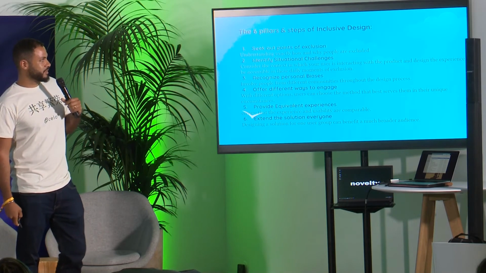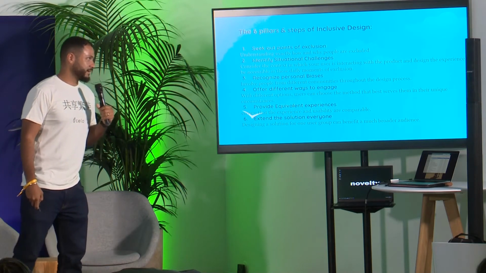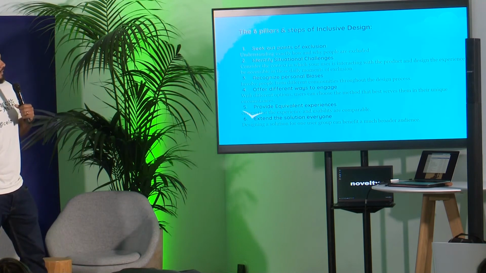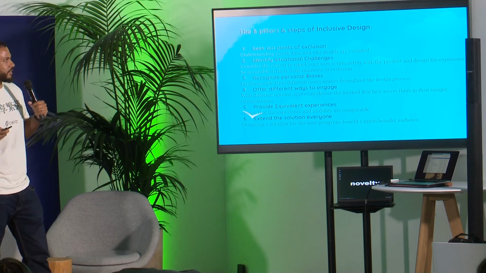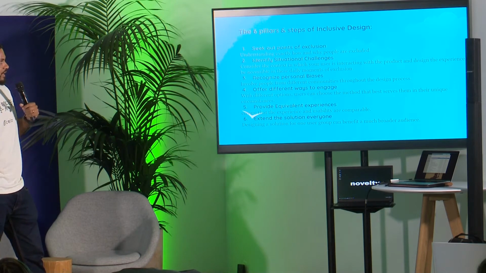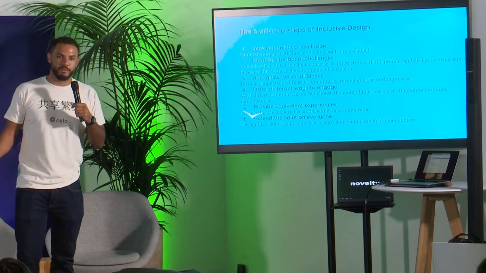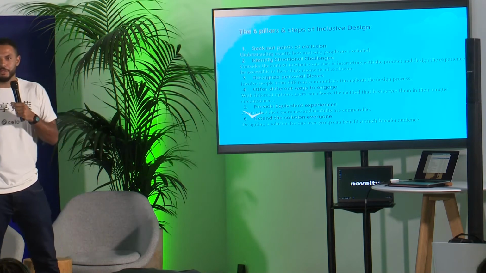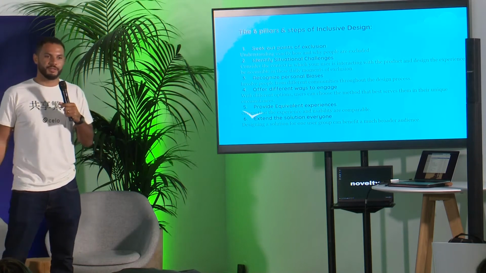There are six pillars and steps to inclusive design. I'm not going to go between the lines, but the main six pillars and steps to do so. First, seek out points of exclusion, in the Web3 space, maybe. What would be a good point of exclusion, do you think?